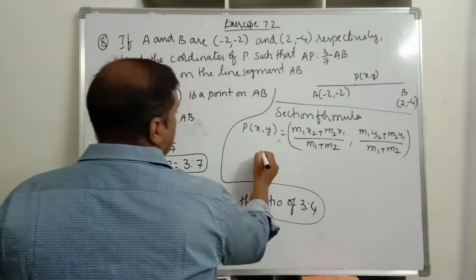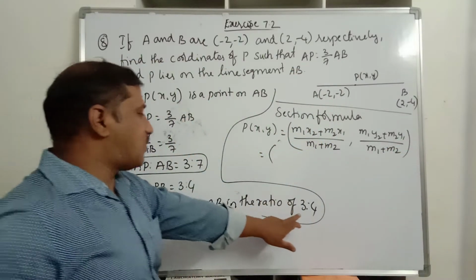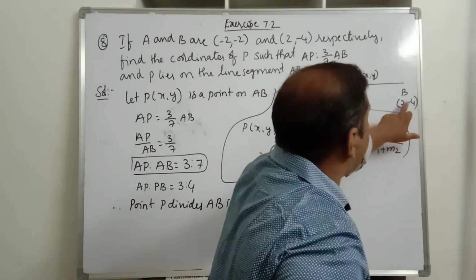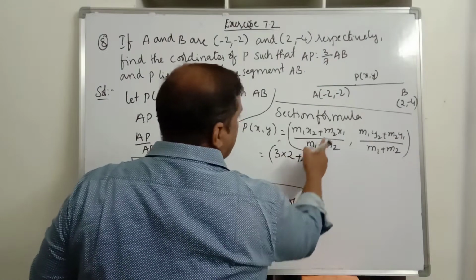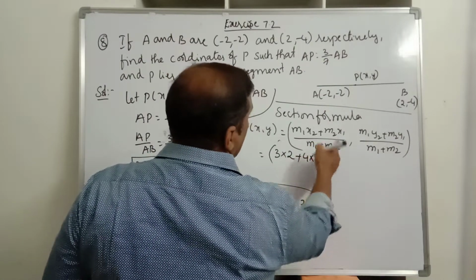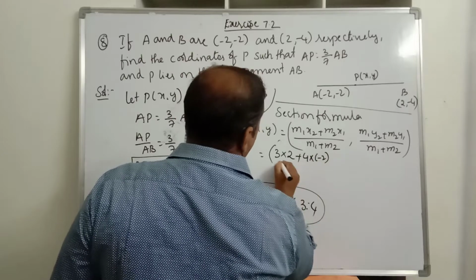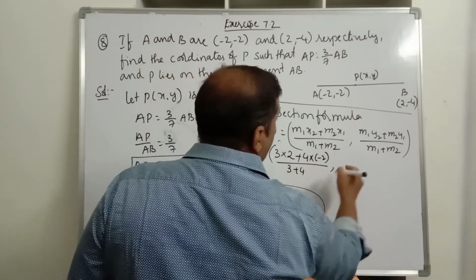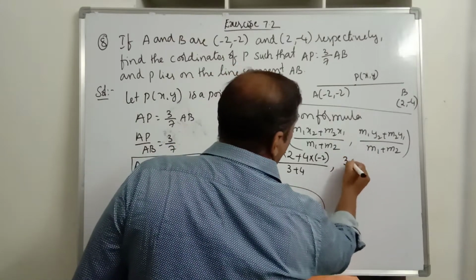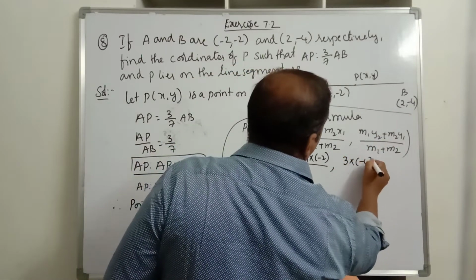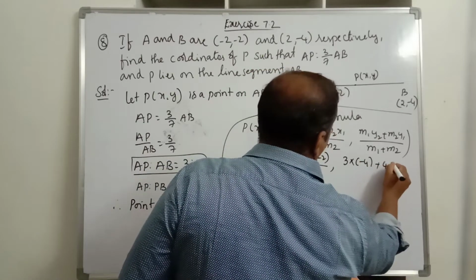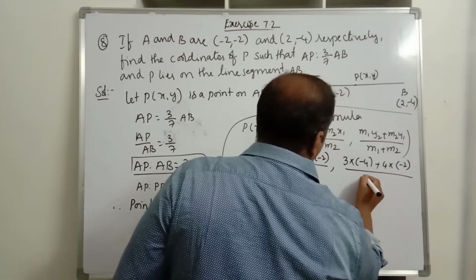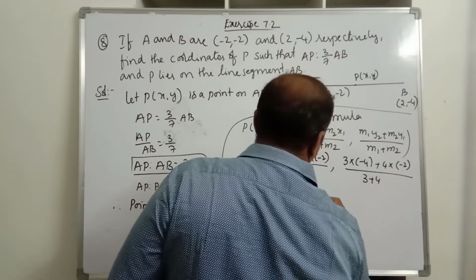Now you substitute: m1 is 3, x2 is the x coordinate of point B, which is 2, so 3 into 2 plus m2 is 4 into x1 which is minus 2, divided by m1 plus m2, that is 3 plus 4, comma m1 is 3 into y2 which is minus 4 plus m2 is 4 into y1 which is minus 2, divided by 3 plus 4.